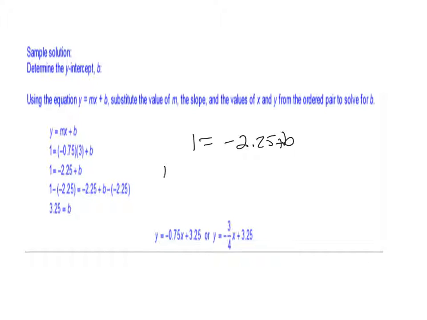So this will be 1 plus 2.25 is equal to a negative 2.25 plus b plus 2.25. Then, of course, these will zero out, zero pairs, what we learned to call them, and then that'll give us b is 3.25.